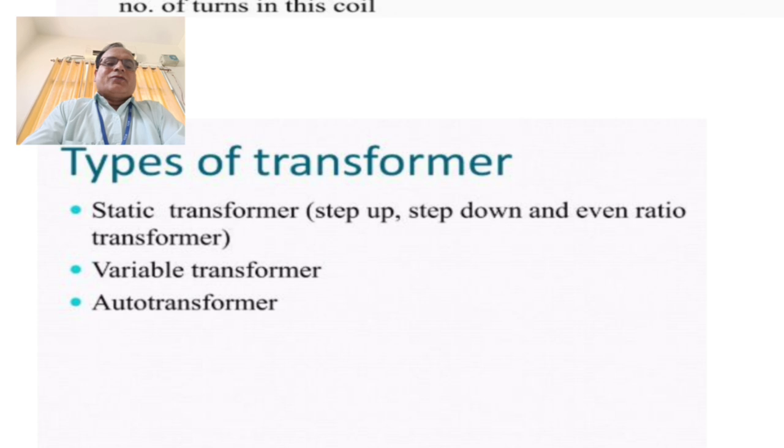The efficiency of the transformer is high because there is no rotating part, so no rotating losses. This is the transformer, used in industrial applications, in welding, and in domestic use.